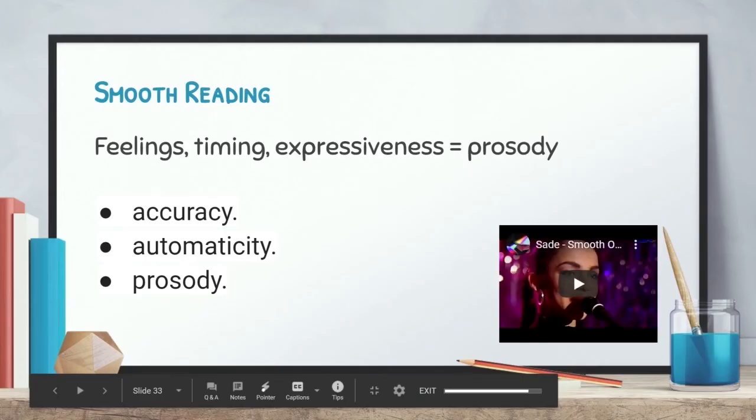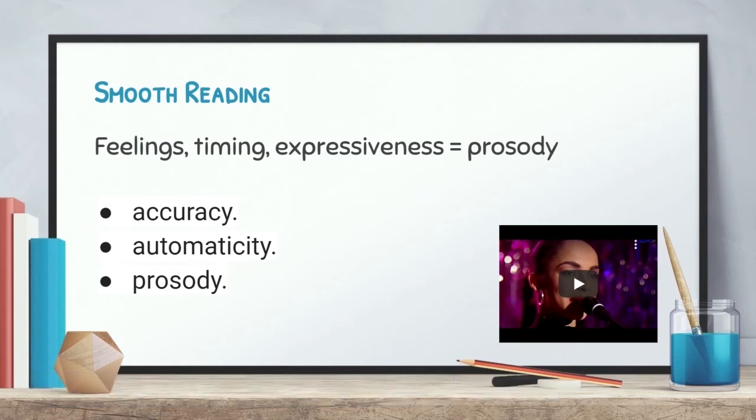In the book, there are sections that are called smooth reading. The concept behind this is that we want to have the right feelings, timing, and expressiveness. This is called prosody when we're reading, because it makes it easier to comprehend what you're reading if you express the right sentiment, the right tone, and the right feelings that the writer intended.